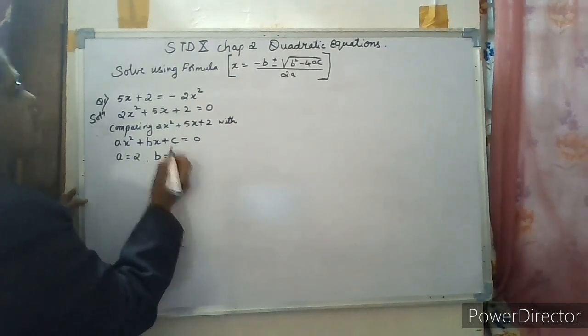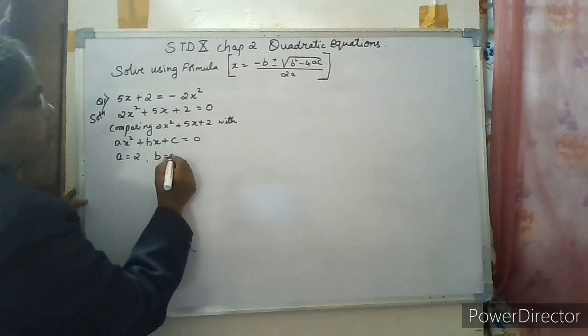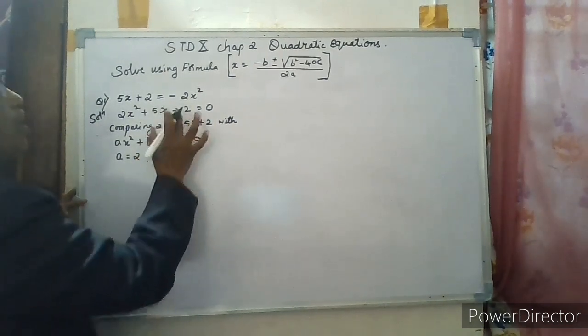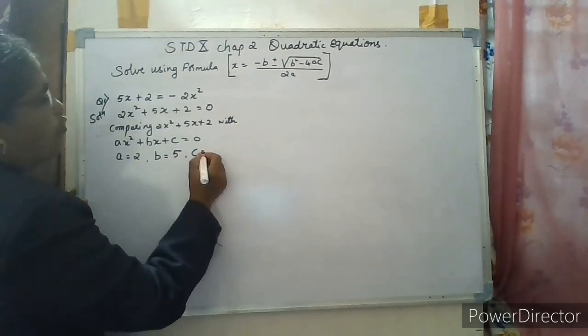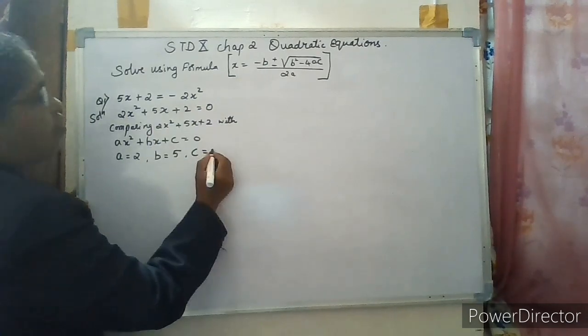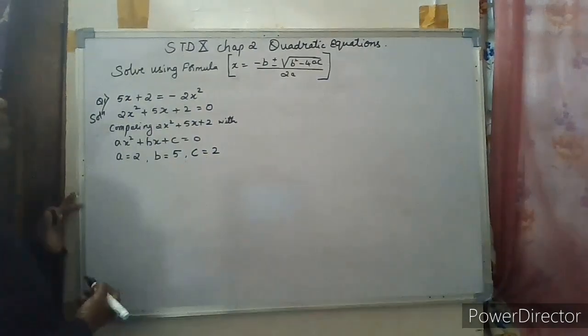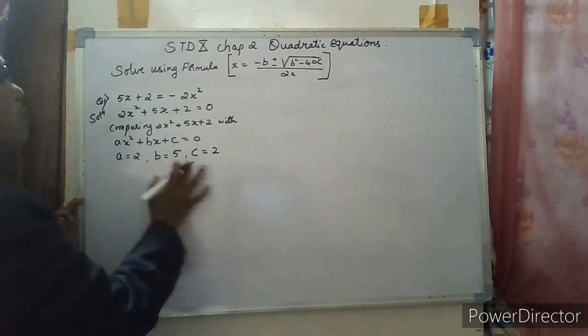Value of b is equal to the coefficient of x, that is plus 5. And value of c is equal to the constant number 2 given. Now we got the values of a, b, c.